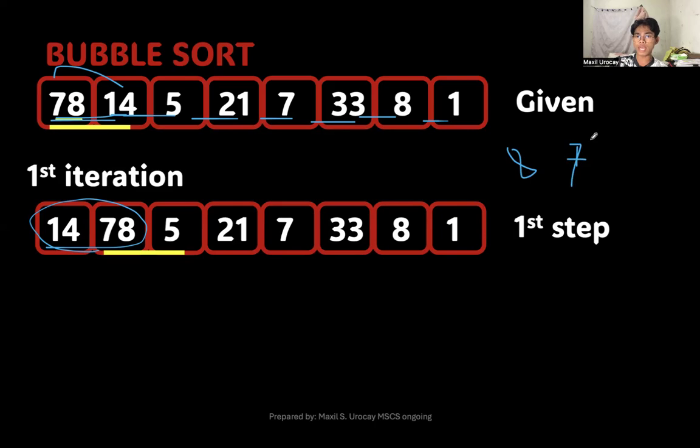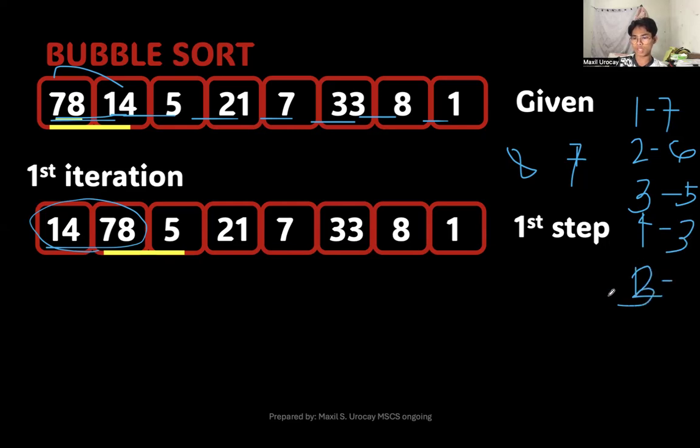The first iteration consists of 7 steps, the second iteration 6 steps, the third iteration 5 steps, the fourth 4 steps, the fifth iteration 2 steps, and the sixth iteration 1 step.